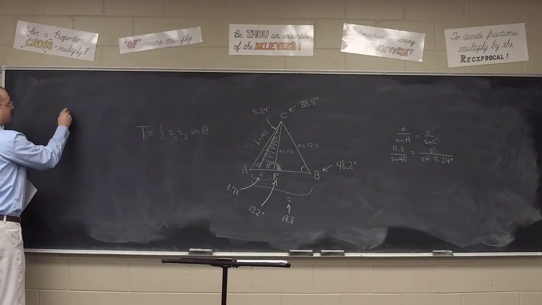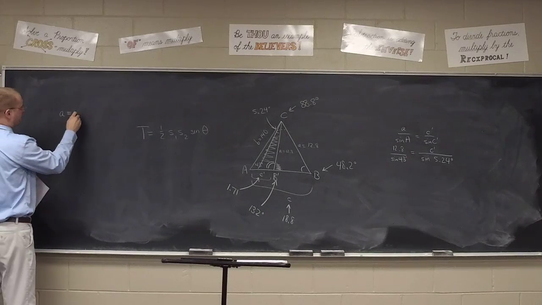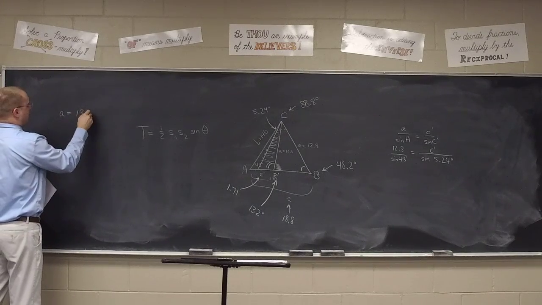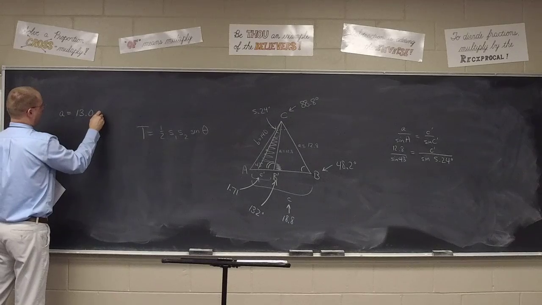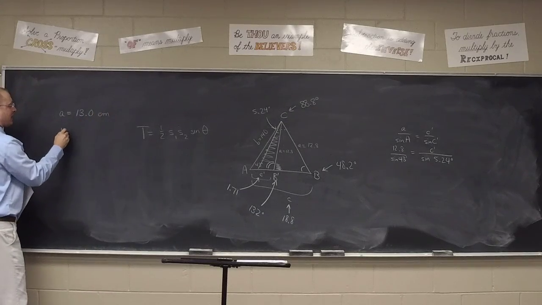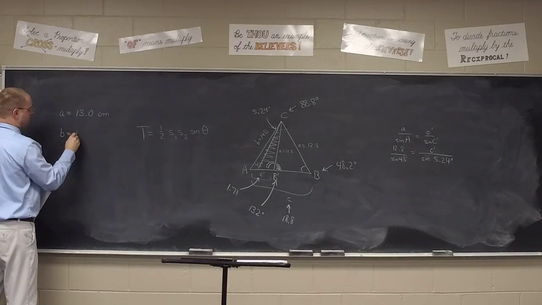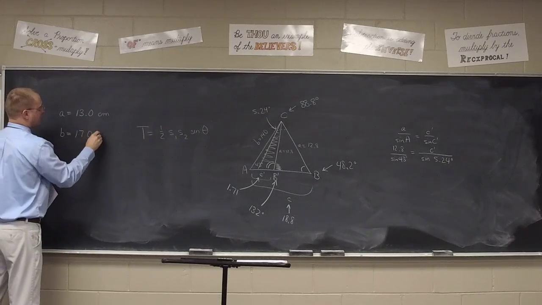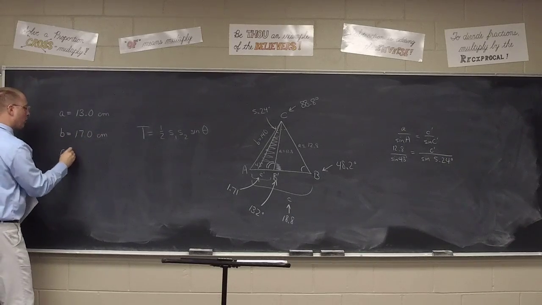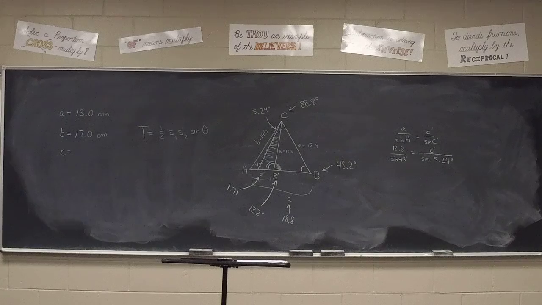Let's suppose we've got side A is, let's say, 13.0 centimeters. Let's suppose side B is 17.0 centimeters. And side C, well, you tell me. Side C has to be smaller than what? Both of them together, which would be 30. I better not put something 30 or bigger.